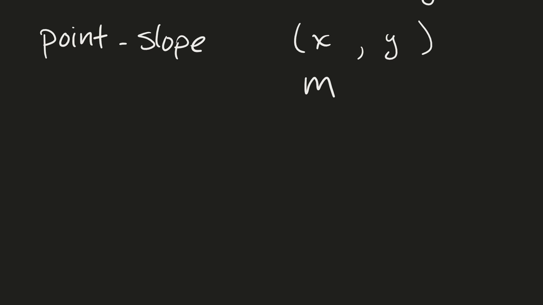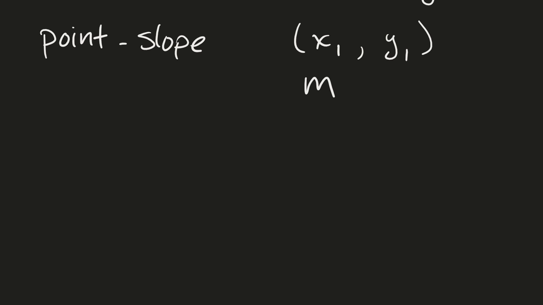Now, because in a linear equation we already have an x and y, I'm going to put subscripts on the x and subscripts on the y so I can differentiate between the variable and the parameter. The variable and the parameter.